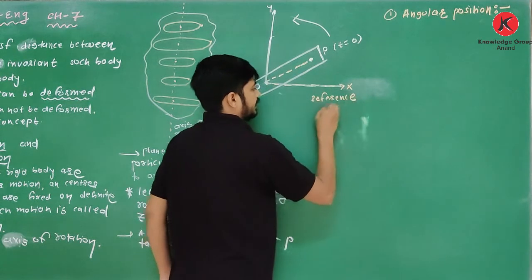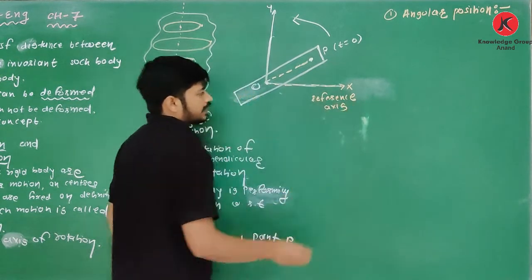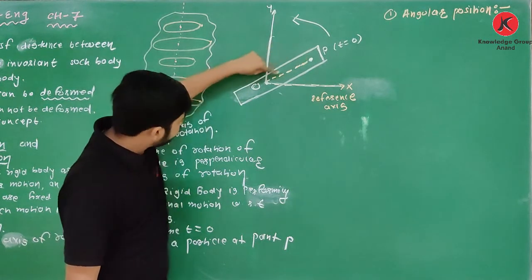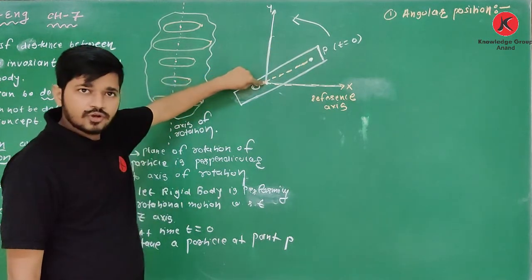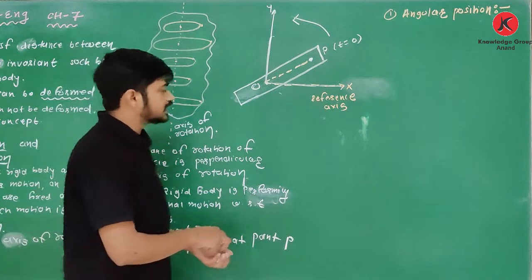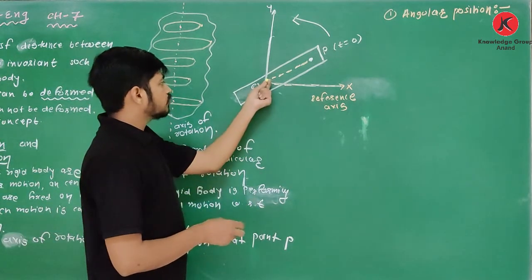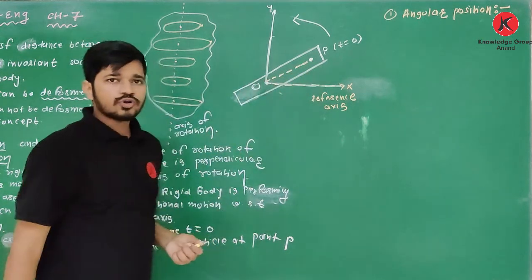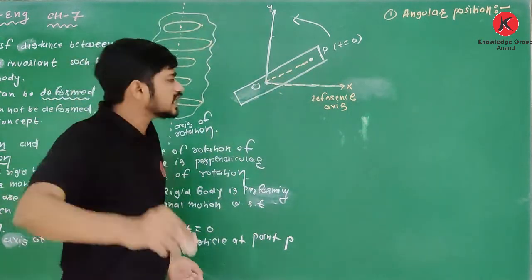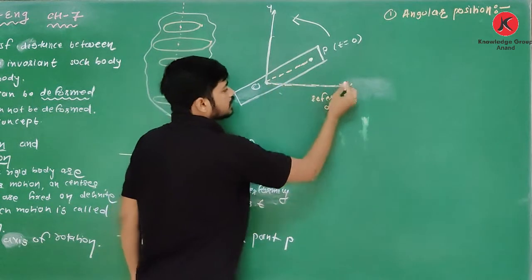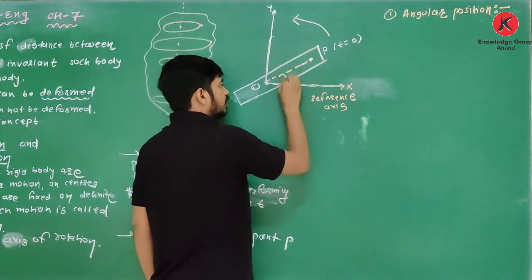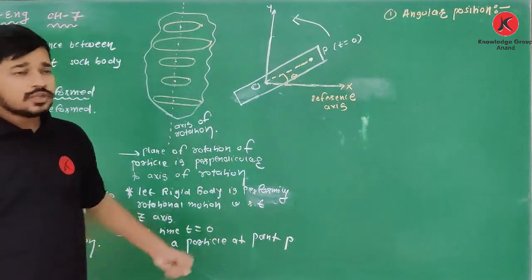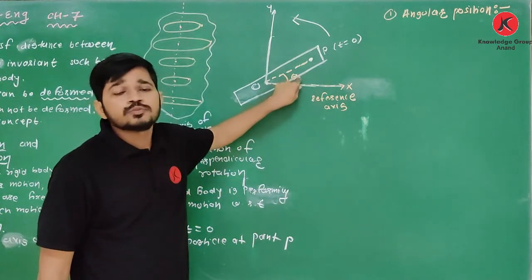So connect this particle with the axis of rotation, the axis of rotation is like this, meaning to the center. It will make some angle with the reference axis, and let this angle be theta. So this theta is called angular position.